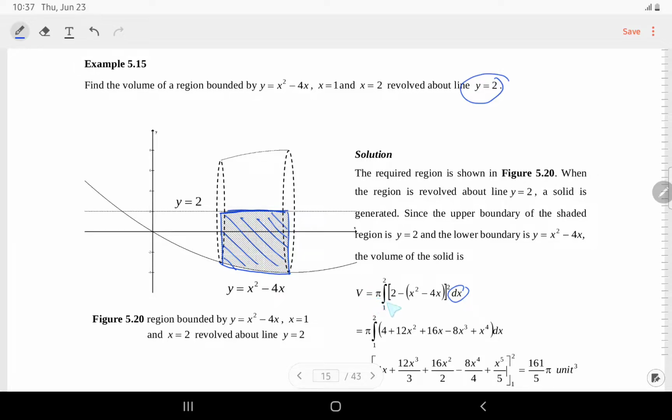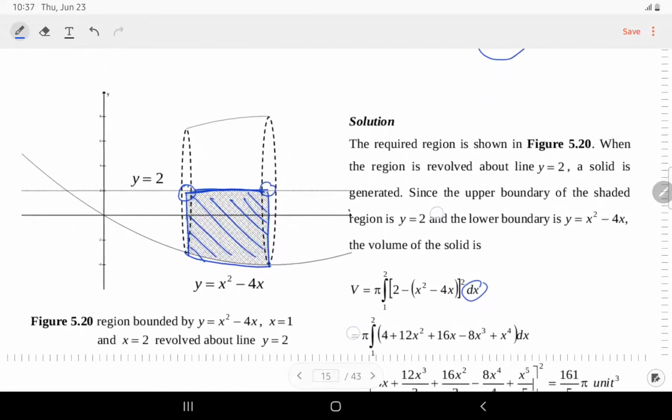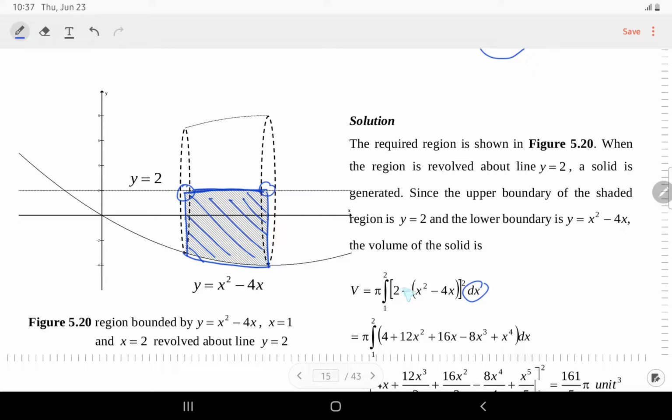V equals pi. Okay, integrate from 1 to 2. Sebab dekat sini 1, dekat sini 2. Okay, and then upper boundary minus lower boundary. So, this time upper boundary dia adalah the axis of revolution itself. Okay, yang ni dia punya upper, yang ni dia punya lower. So upper boundary, what is the equation? Y equal to 2.